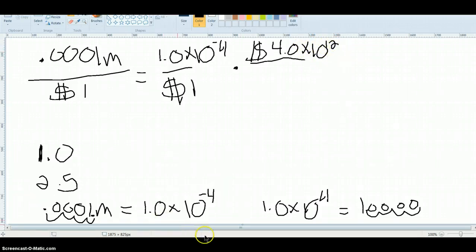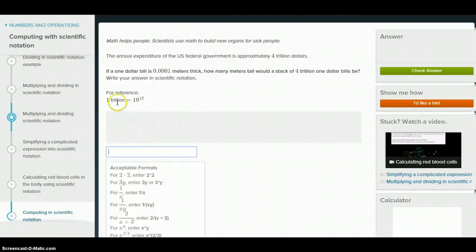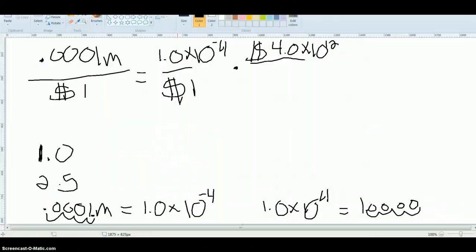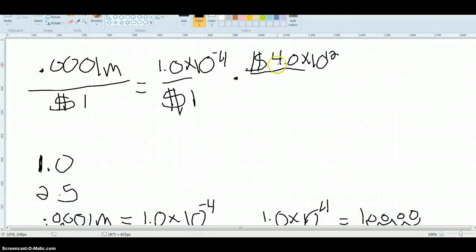One trillion is 10 to the 12th, and we know it's 4.0 because with 4 trillion, there's no 942 billion or anything like that. There's no other significant figure after the 4.